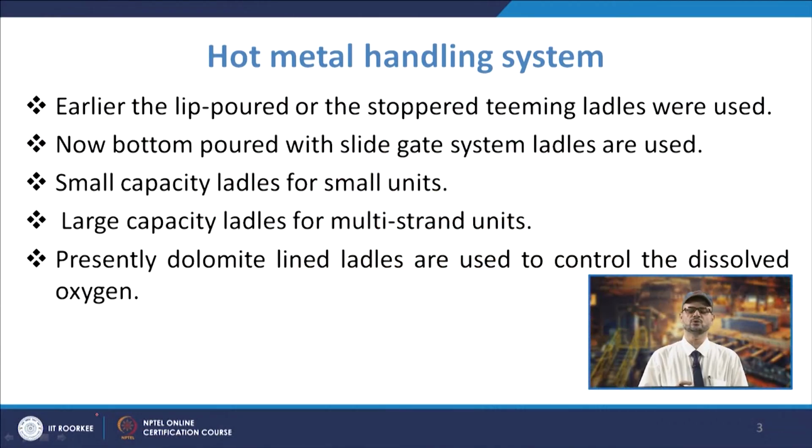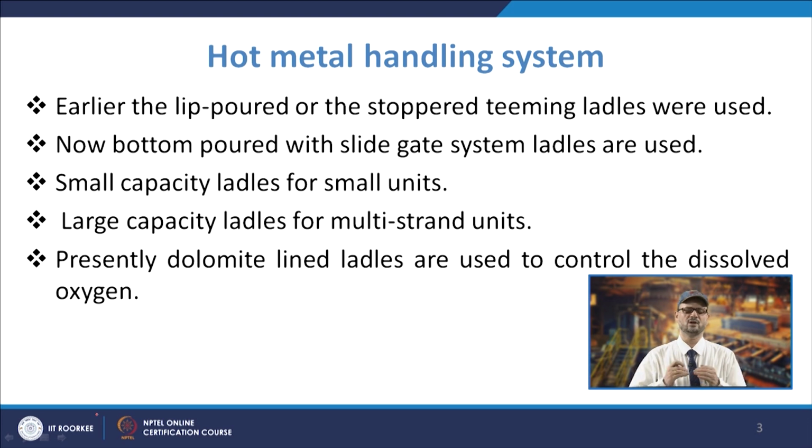Coming to the hot metal handling system, it brings the hot metal and its job is to pour it into the turn disk. Earlier the lip poured or the stoppered teeming ladles were used, but now in most cases bottom poured ladles with a slide gate system are used.